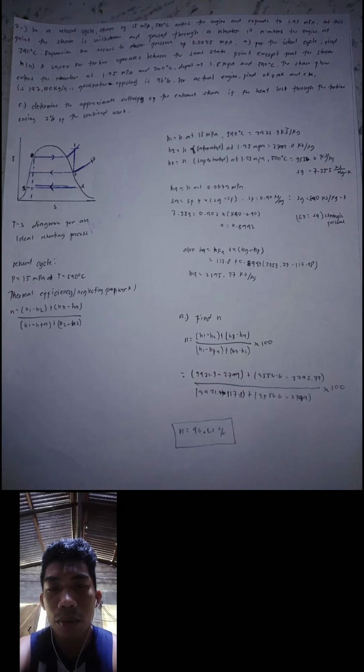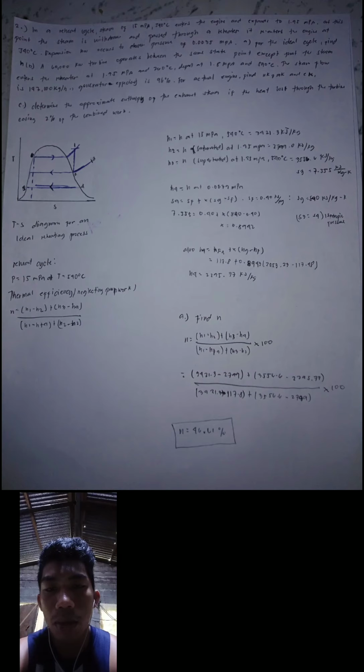3,556.6. State 4, H4 is equals to enthalpy at 0.0035 MPa equals to 2,577.98 kilojoules per kilogram.